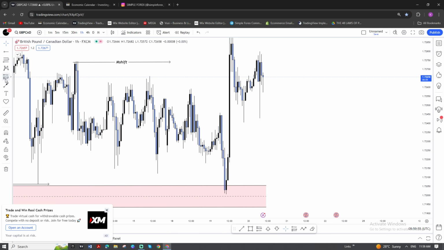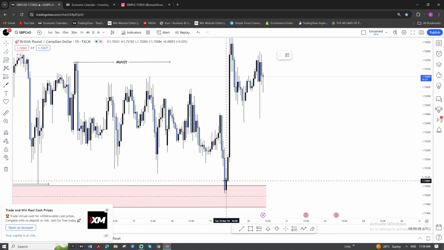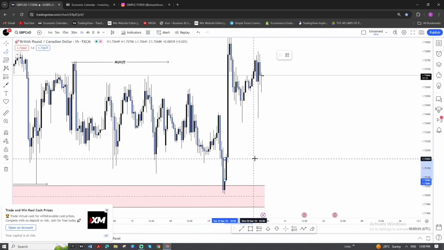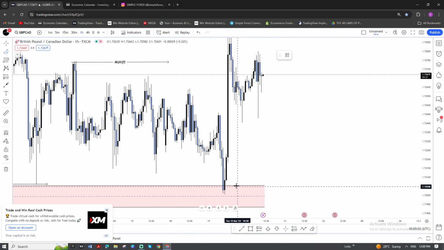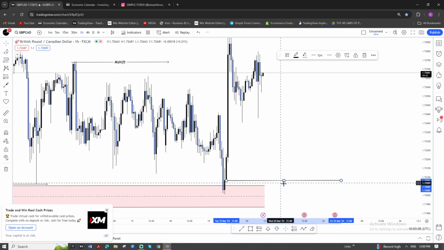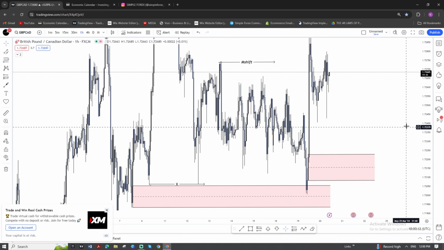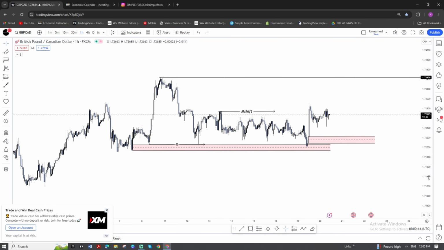So for us, we can take our buys over on this area right here, on this order block.